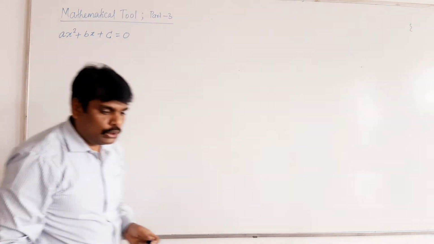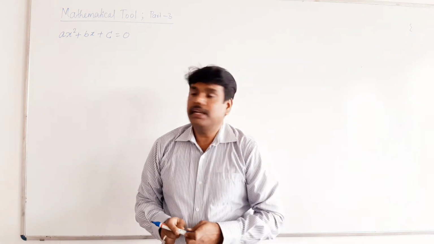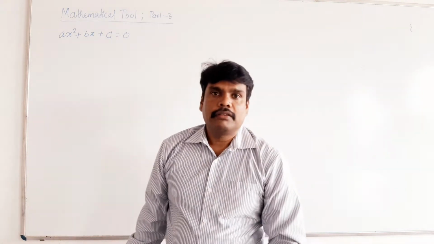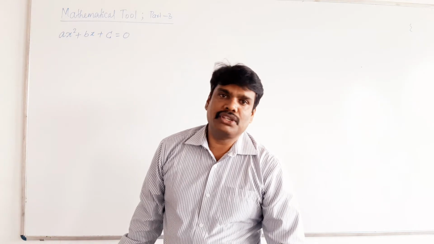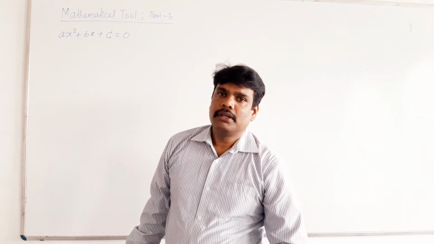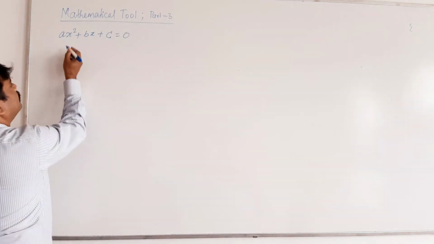In the high school you have solved n number of problems related to these quadratic equations. There are different methods. Factorization method is one of the best methods to simplify a quadratic equation. If it is not possible, we use a general formula to simplify.